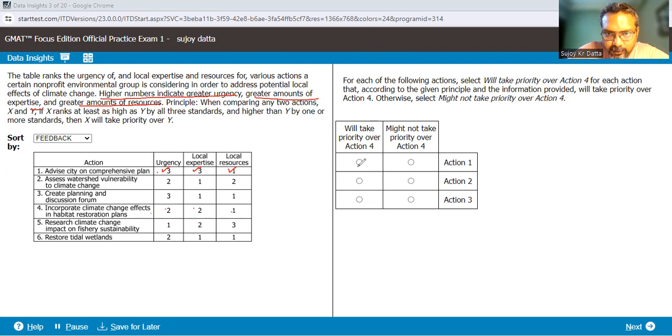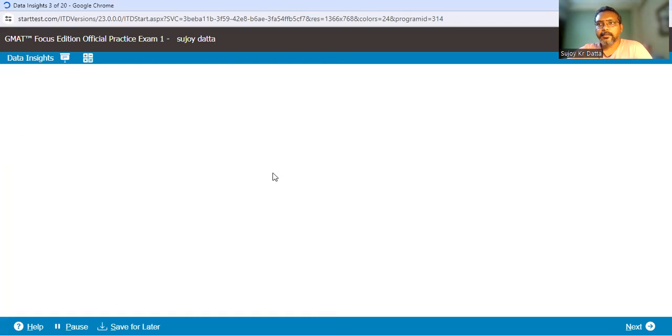So 1 will take priority. 2 and 2 is same. 1 is lower, 2 is higher, might not take priority. 3, 3 and 2 higher, 1 and 2 is lower. Yeah, so it should be this. Next.